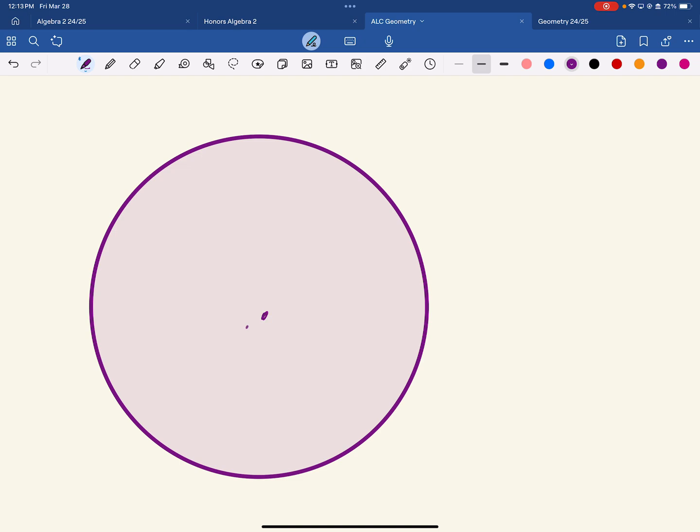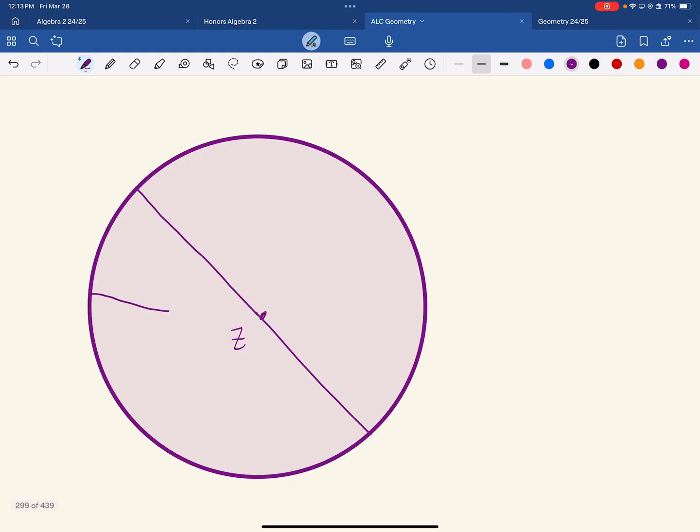I'm going to give it a center, we'll call it Z. I'm going to draw this and this, and we'll call that R, S, T, and U. Now my question for this one is we're going to find the measure of arc STR.